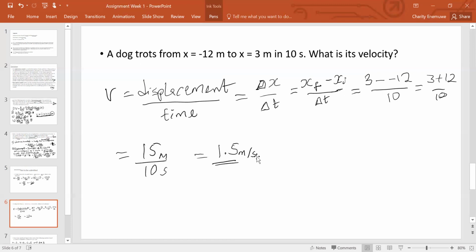The formula we're following is going from this to this: the final position minus the initial position, which is 3 minus 12, which gives you 3 plus 12, which is 15. 15 divided by the time supplied. We covered this distance within that time, so we have 1.5 meters per second as our answer.